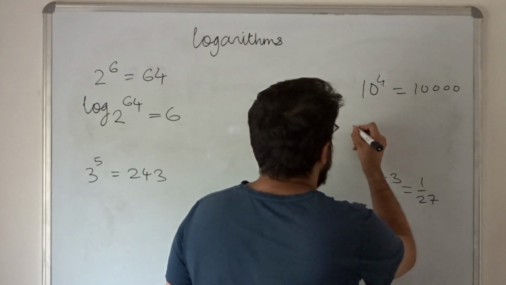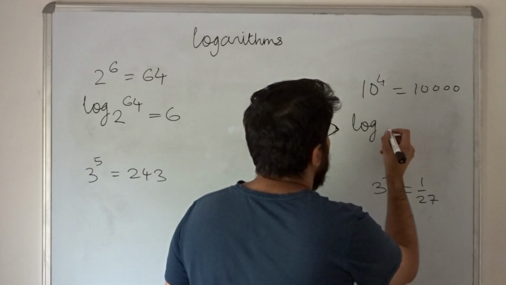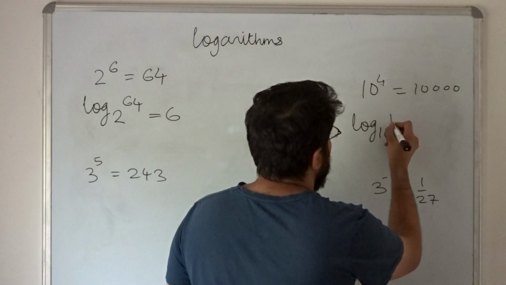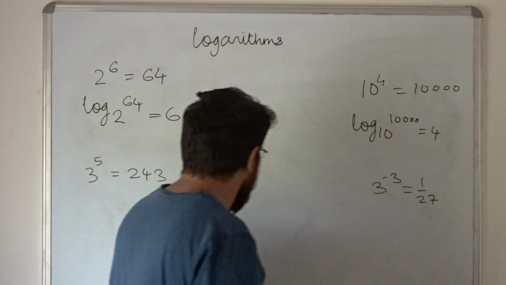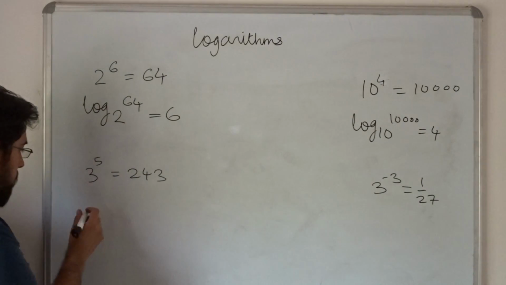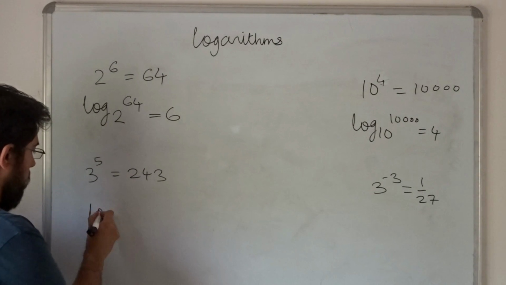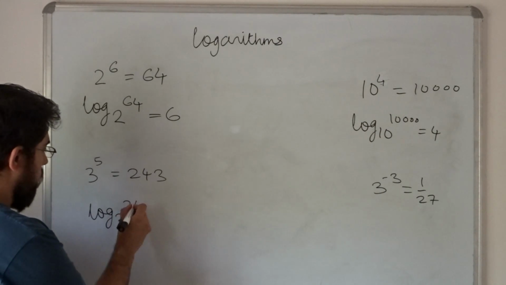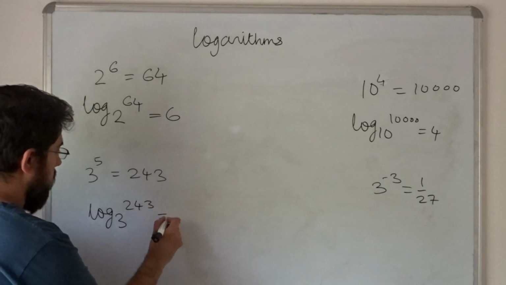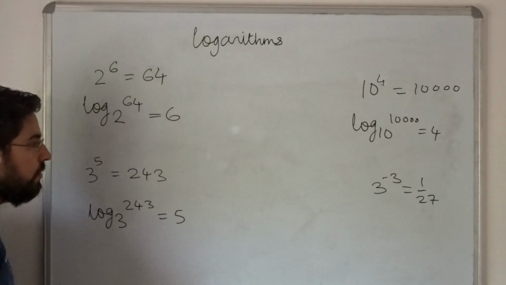So again, this one. Okay, log base 10 of 10,000 is equal to 4. Okay, now this one is log base 3 of 243 is equal to 5.